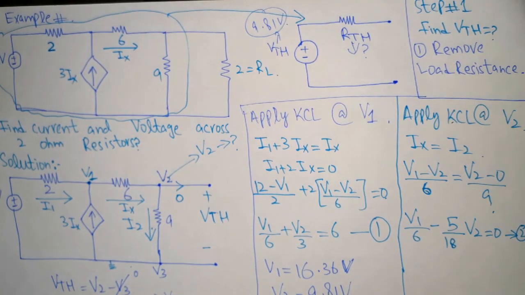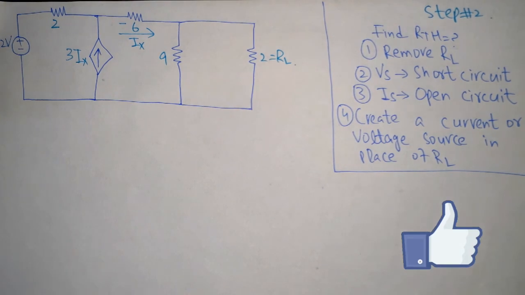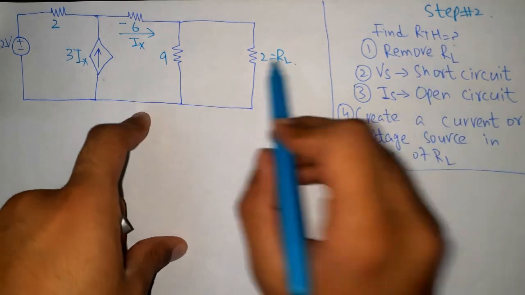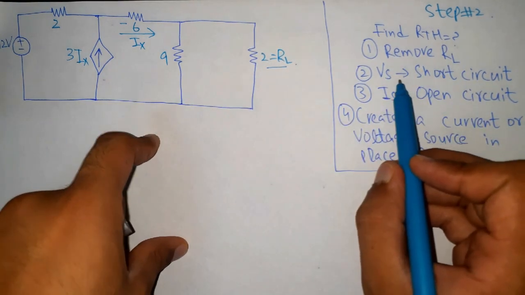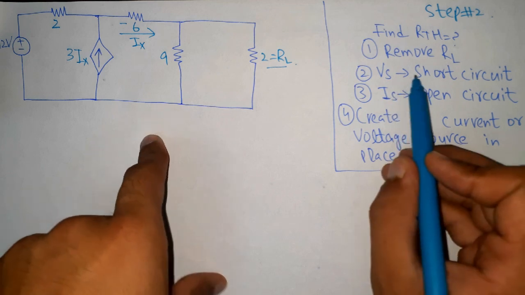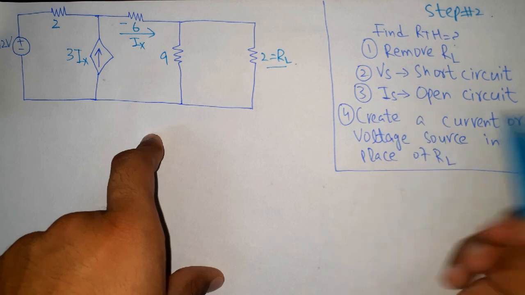So I will follow step 2 and find Thevenin's resistance. There are 4 steps to find Thevenin's resistance. Firstly, we remove the load resistance, which is here. Secondly, if there are independent voltage and current sources, we short the voltage source and open the current source.